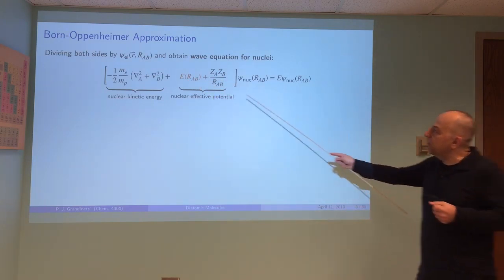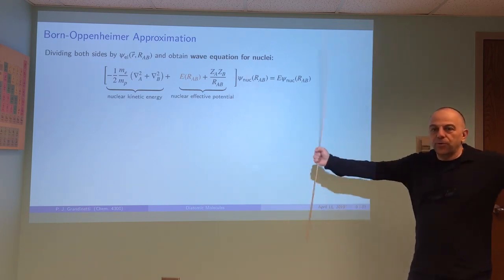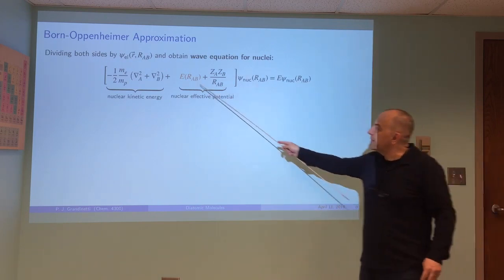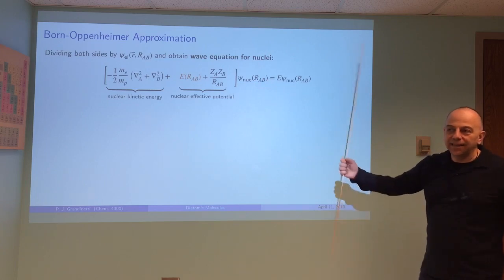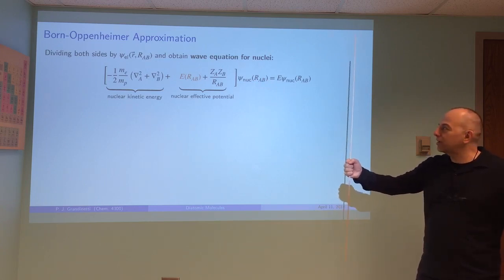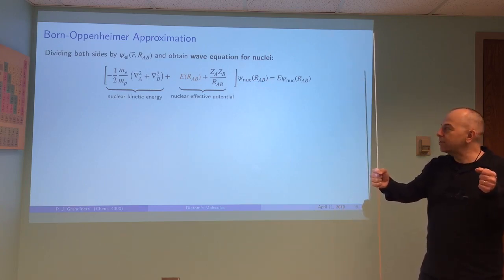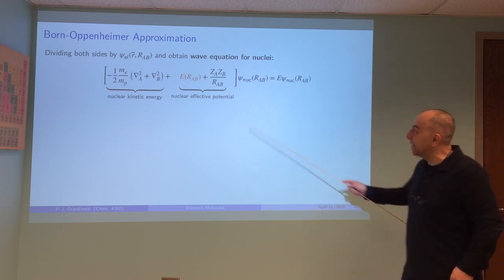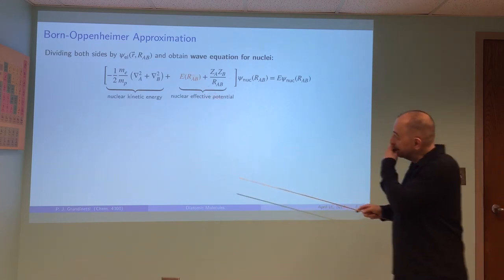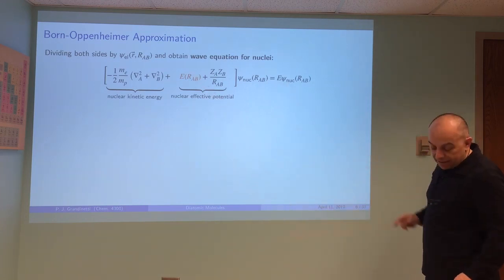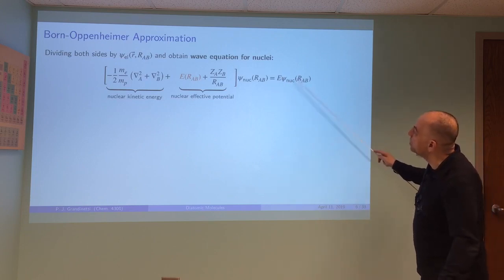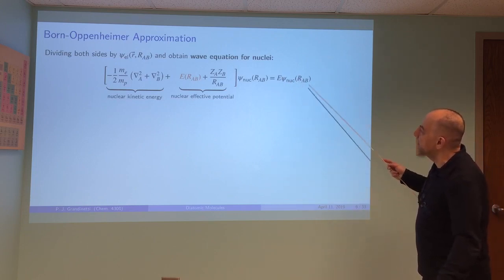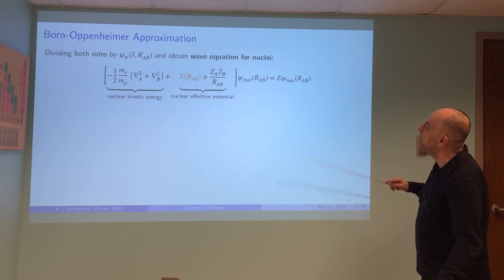In a way, this term is just going to push them apart, right? What this does is counteract that. That's the glue, the electron glue, and it's part of the potential that's going to pull these together and allow them to form a bond. So this is the interaction. This describes the Schrodinger equation for the nuclear wave function.